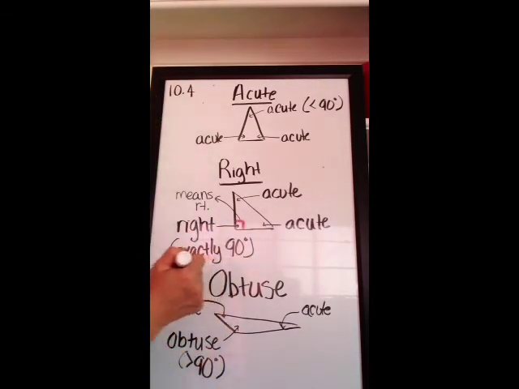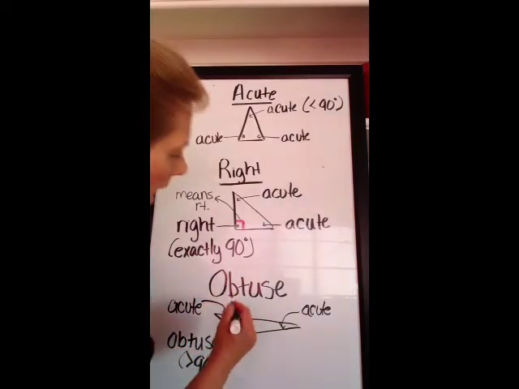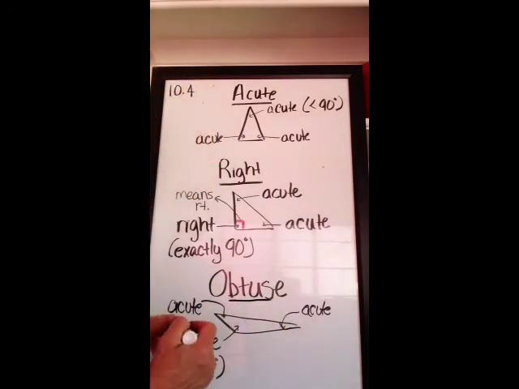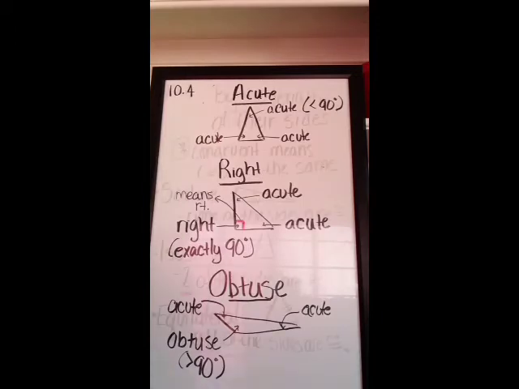And whenever you see that little square, that means that's 90 degrees, or a right angle. All right? And finally, we have obtuse triangles. Obtuse triangles have 2 acute angles and 1 obtuse angle, greater than 90 degrees.